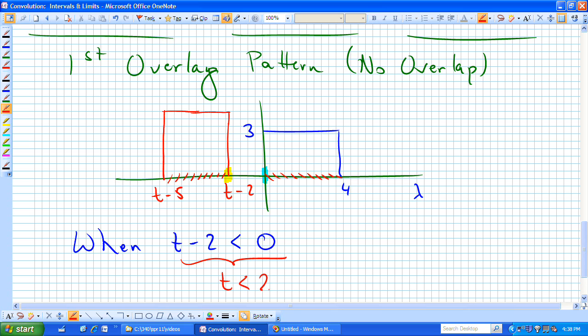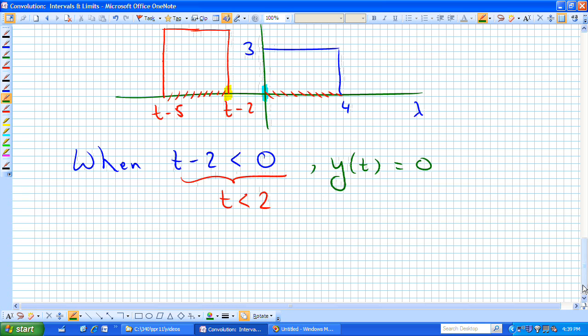We can just add 2 to both sides, and this pattern exists as long as t is less than 2, and the result of multiplying these point for point to obtain our y of t, you can see that since the functional forms do not have any points in common or overlap in the support interval, our output is 0, and we now have at least the very first overlap pattern and expression for y of t. Y of t is 0 as long as t is less than 2.